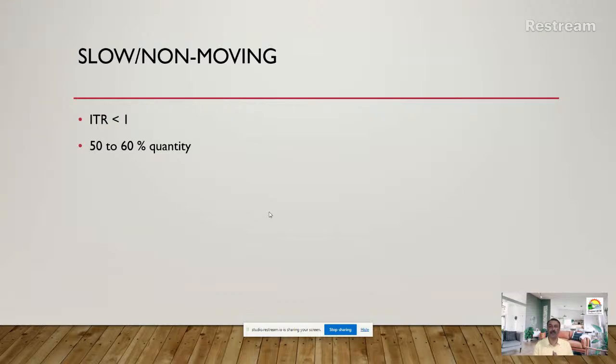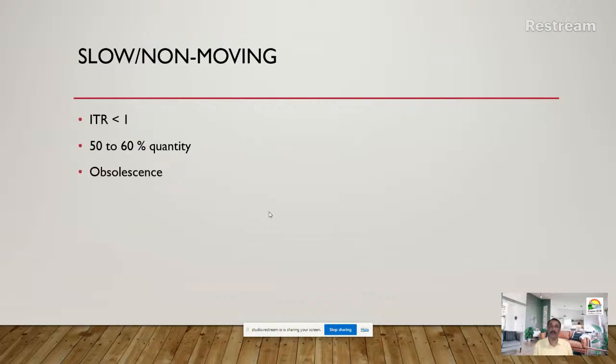So this is a big problem for the supply chain management professional, because you cannot directly eliminate, but you have to continuously monitor and see what are the reasons why it has become slow moving. Can you take it up with your sales team on how we can improve that?